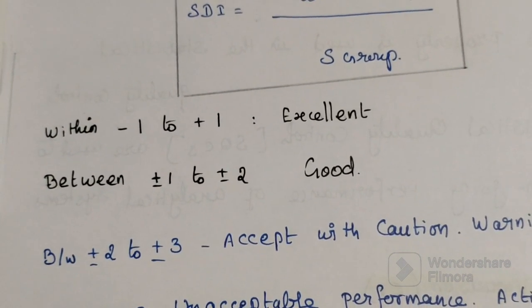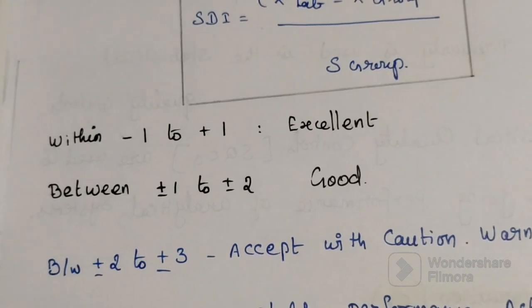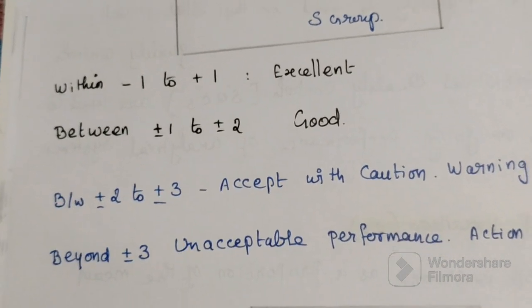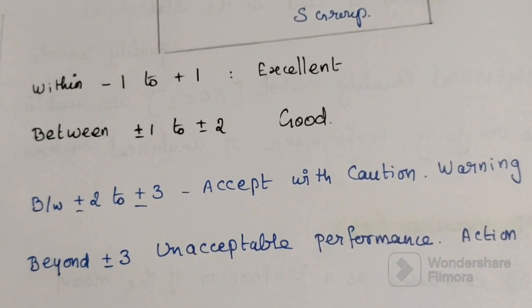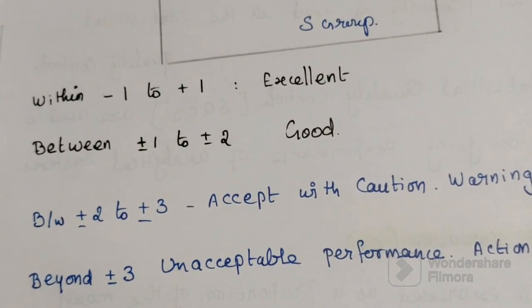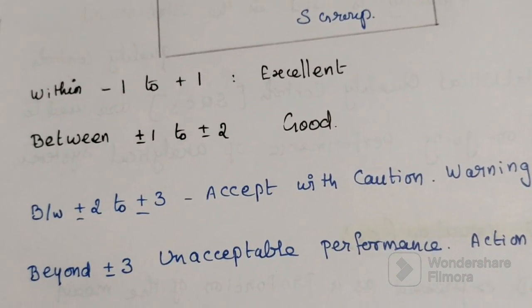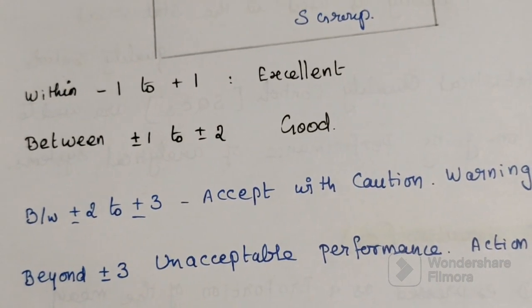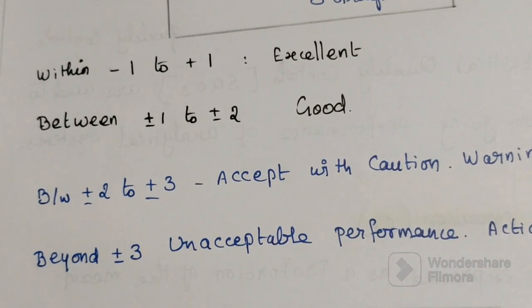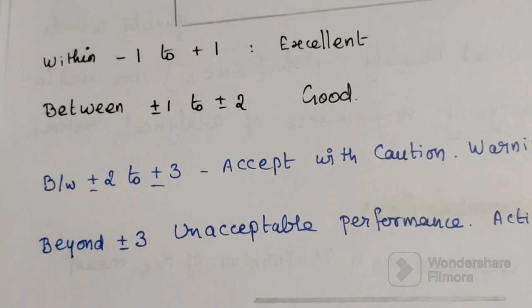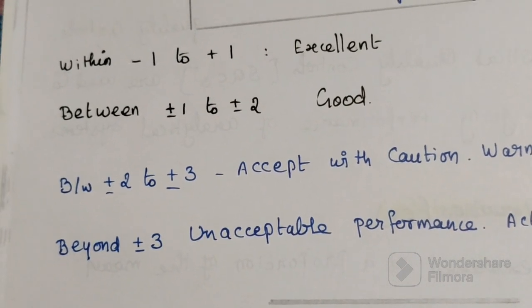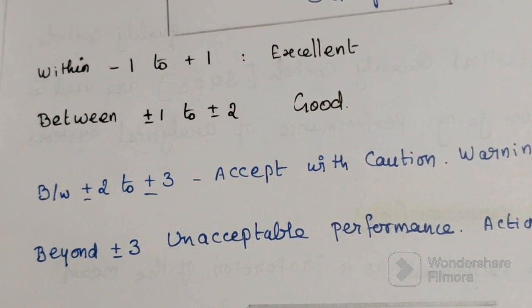If the SDI for that particular analyte is between -1 and +1, our quality control is excellent. If that value is between +1 to +2, it is good.